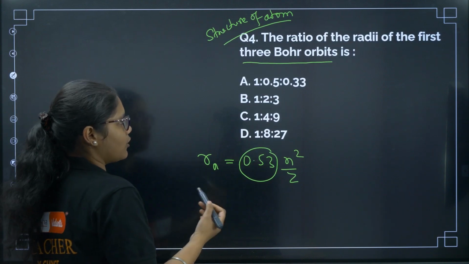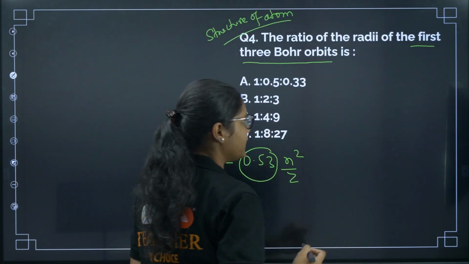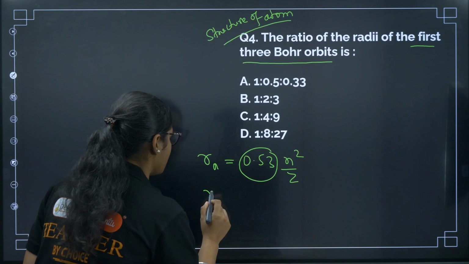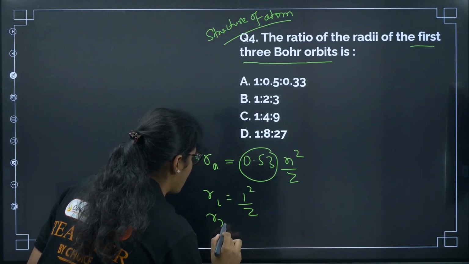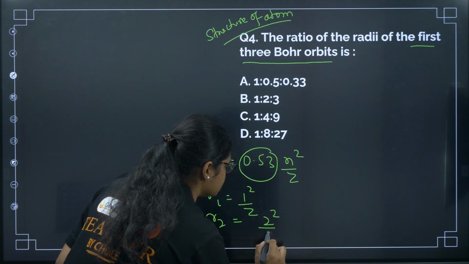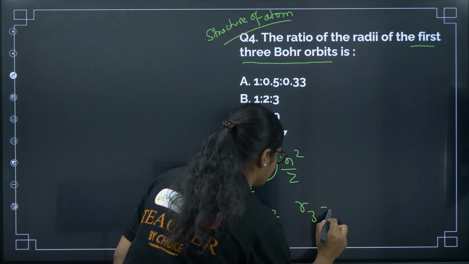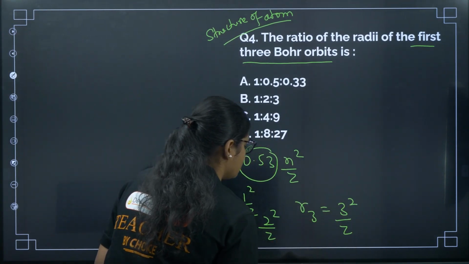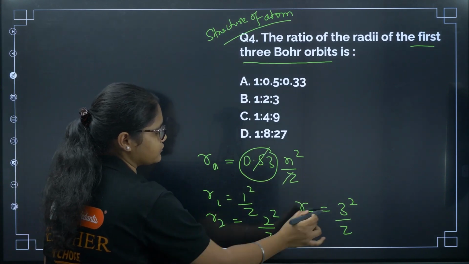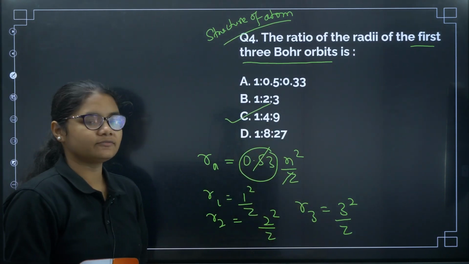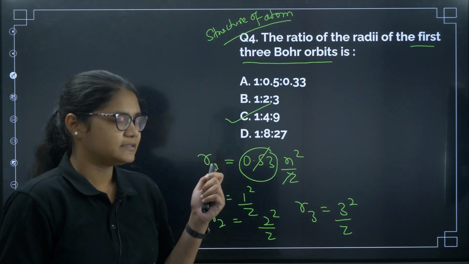We have the first 3 orbits, so R1 will be 1 square by z, R2 will be 2 square by z, and R3 will be 3 square by z. Now if you take the ratio, the 0.53 and z get cancelled, so we get 1:4:9. The correct answer for this question is option number C.